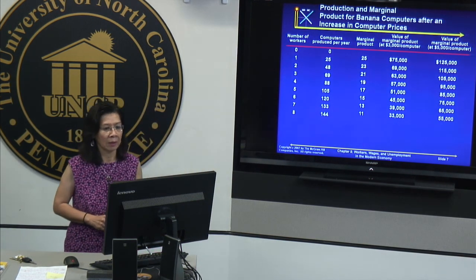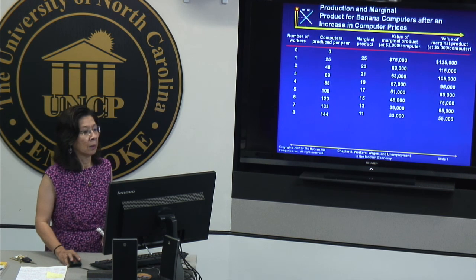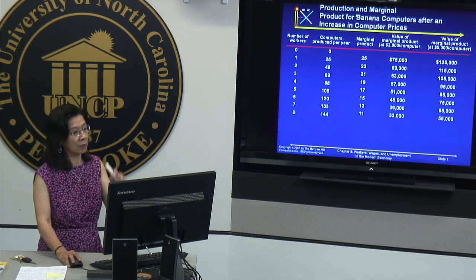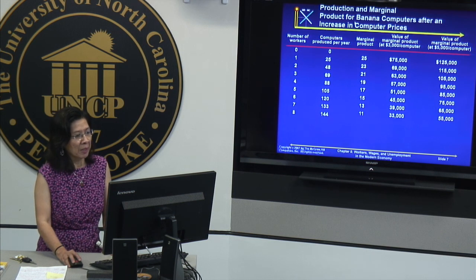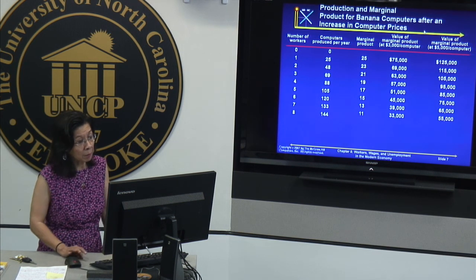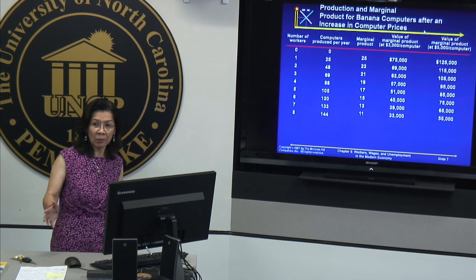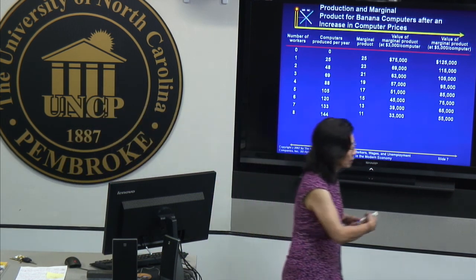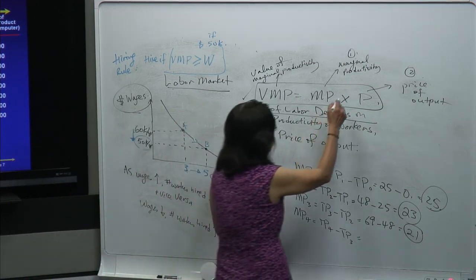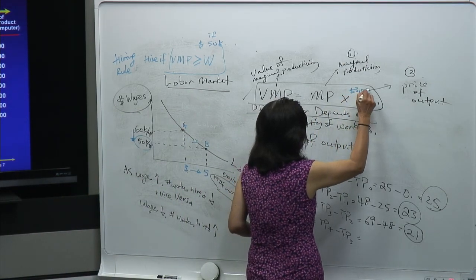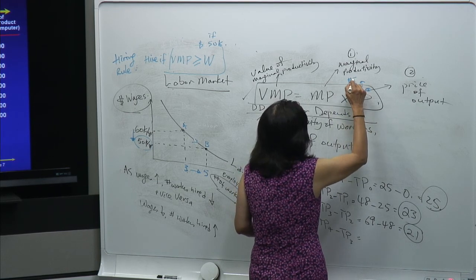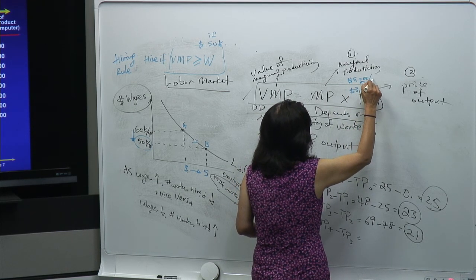What does the title say? Production and marginal product for banana computer after an increase in computer prices. Oh, so that's what happened. Instead of computer prices being 3,000 per piece, now they're going to increase to 5,000 per piece.